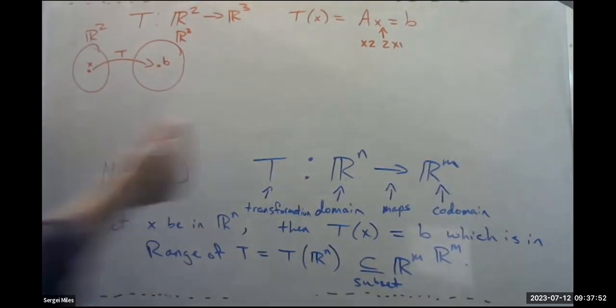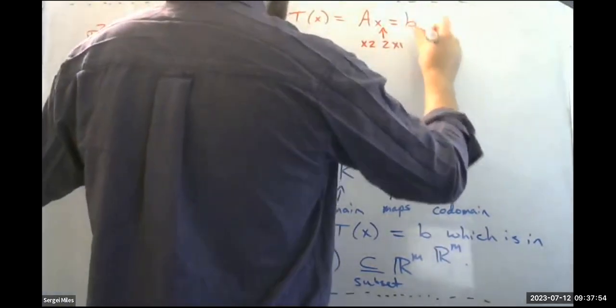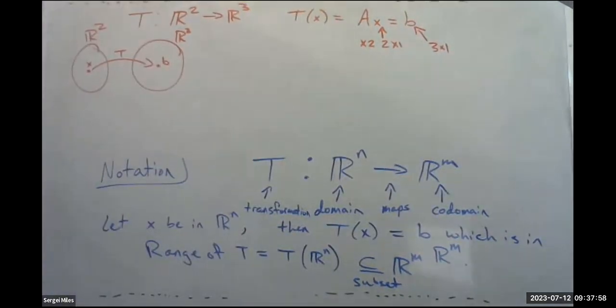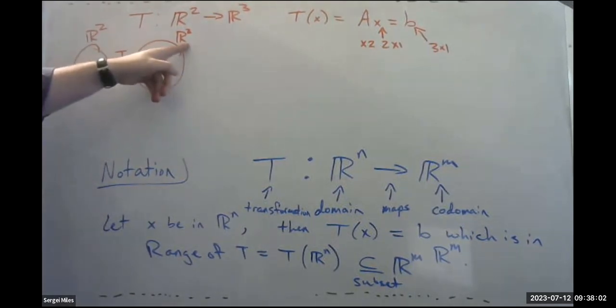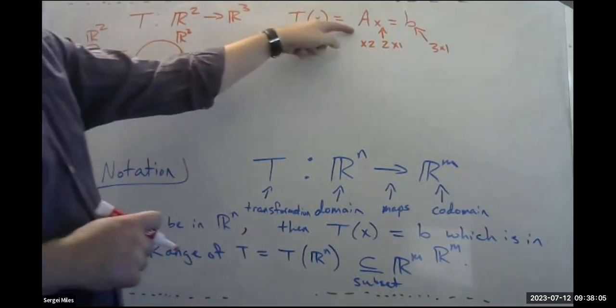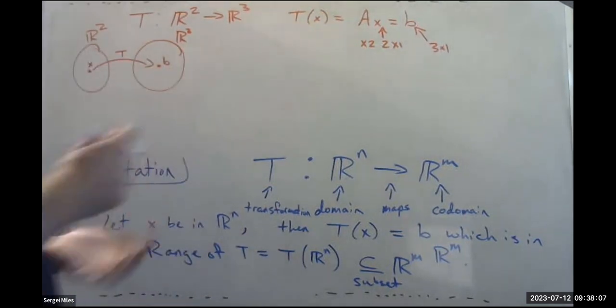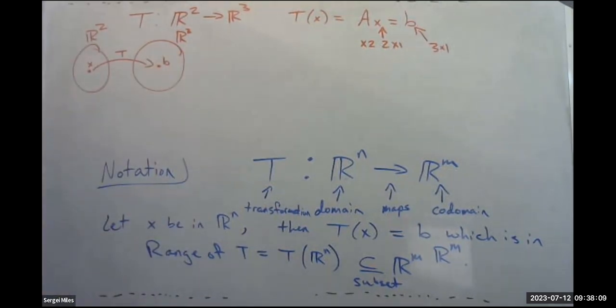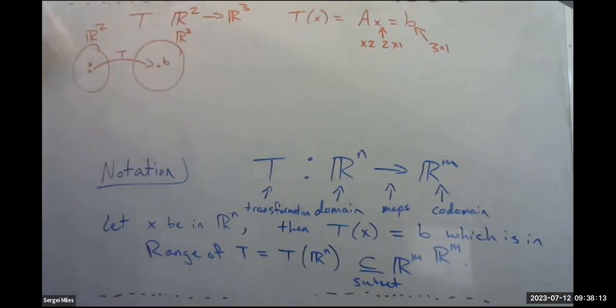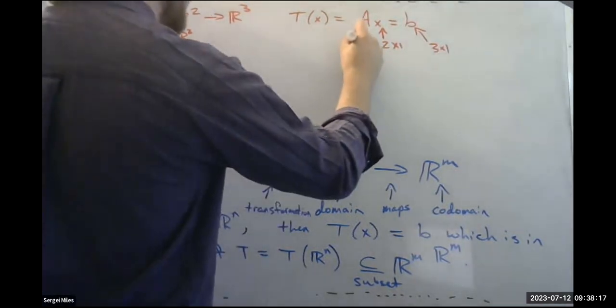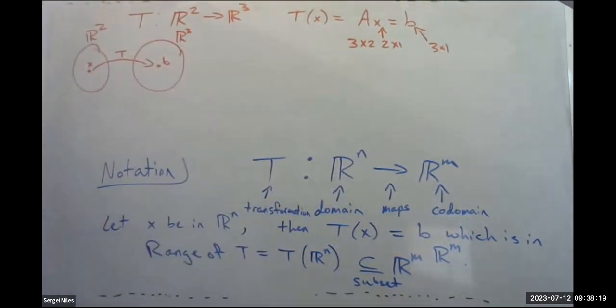But then my outputs are vectors in R3. They're 3 by 1s. And remember what we said earlier, the space where your outputs are tells you how many rows you must have for A. So without doing anything else, just because I'm going from R2 into R3, I automatically know A must be a 3 by 2 matrix.